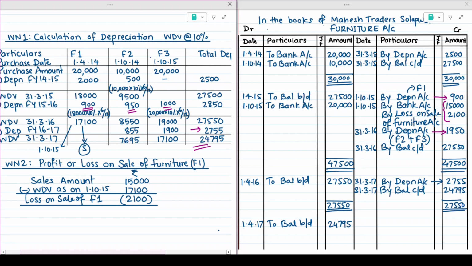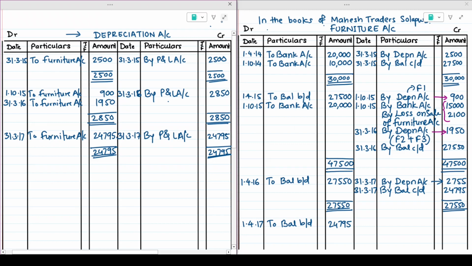But that amount, that is 17,100, we used to find what was the profit or loss on sale of that asset, on sale of furniture 1. With these two workings, working note 1 and 2, we opened furniture account and depreciation account. We did the posting for 3 years, for financial year 14-15, 15-16 and 16-17. So this is your practical problem 4 as per WDV method from your textbook exercise.